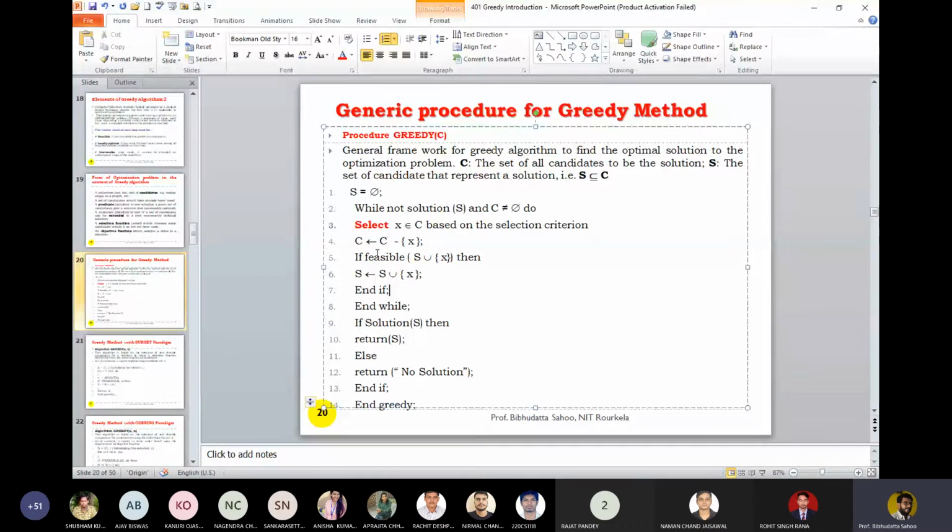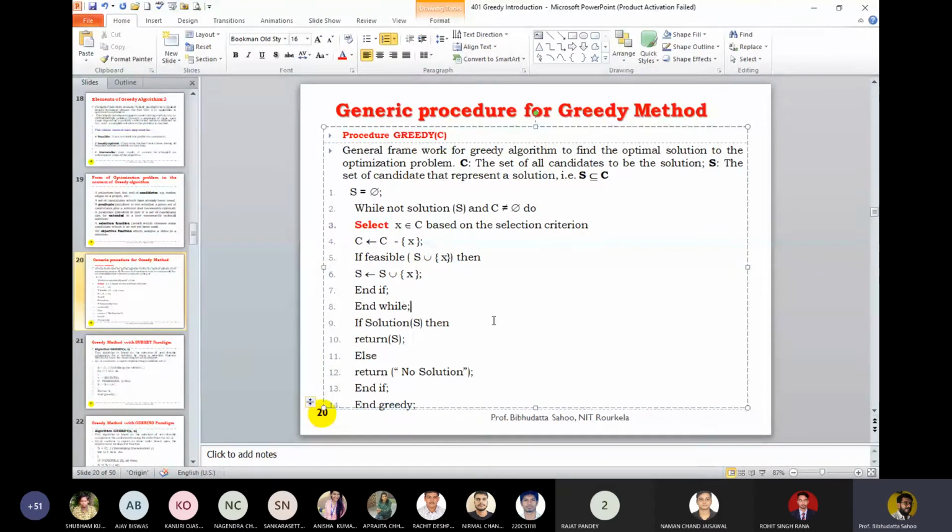You have to select X from the available candidates. Once you have selected, you remove that X from C, so you update C equal to C minus X. Now you test the edge; let us come to the spanning tree. Previously some edges were selected. When you try to select an edge, you check whether that edge is going to form a cycle or not.